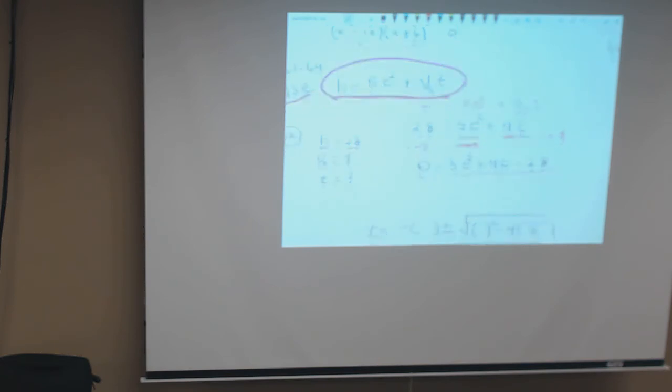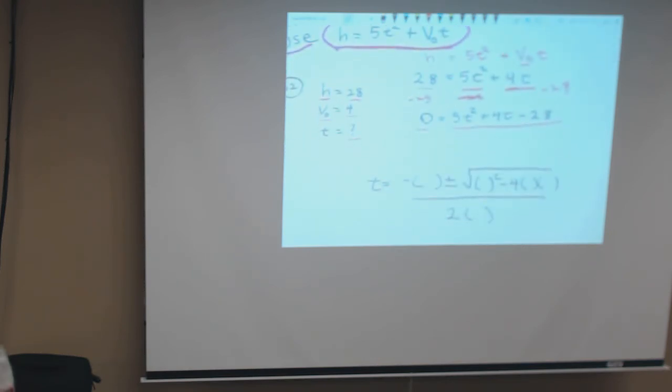Probably you could use the quadratic formula, or you could just use your factoring trinomial calculator, and plug in a is 5, b is 4, and c is negative 28, and it'll factor it for you.